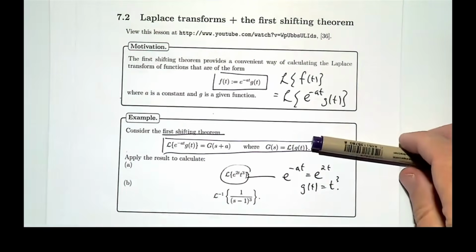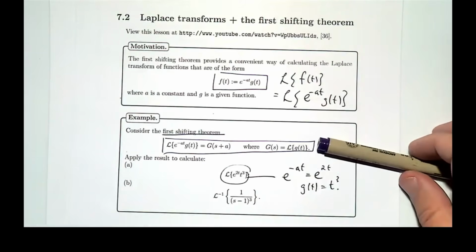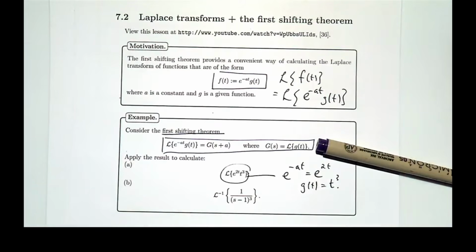Okay, now this is in the table. It's in the tables that you get, which is nice. You don't have to remember it, but you do have to know how to apply it. Okay, but let's actually unpack it first. It says that if you take the transform of a product, then you basically forget about the exponential.